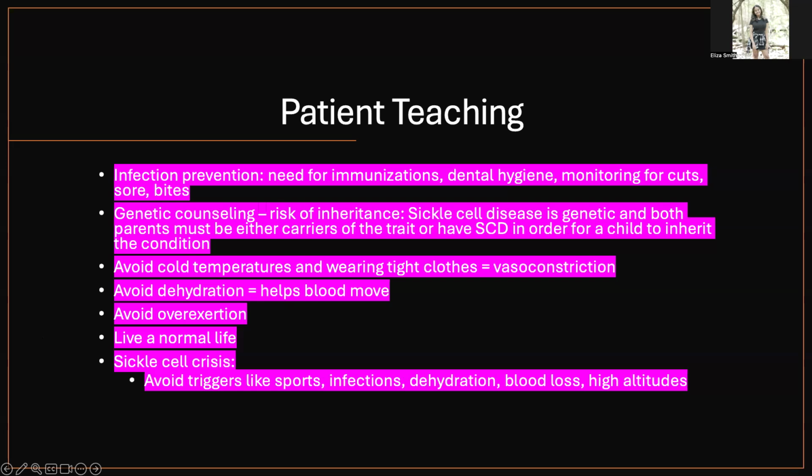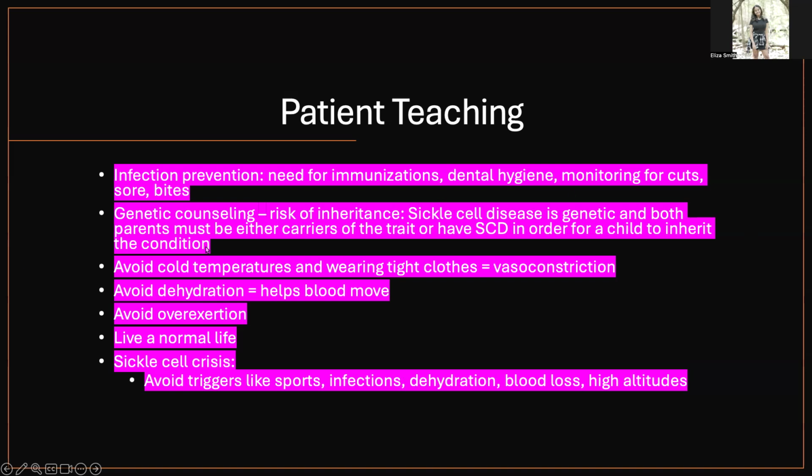You also want to educate them on good dental hygiene, as well as checkups and careful monitoring of cuts, sores, and insect bites. And that's all to minimize the risk of infection. Additionally, you want to educate them to avoid cold temperatures and wearing tight clothing as it can cause vasoconstriction.